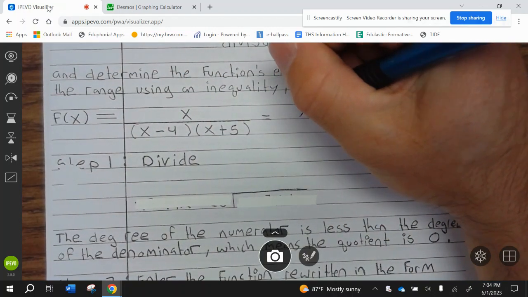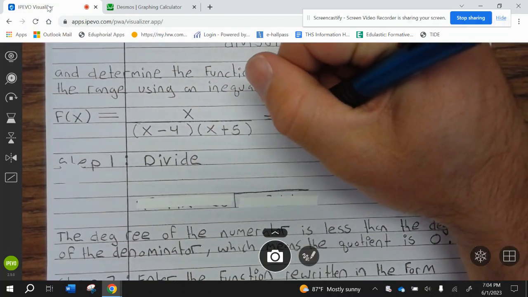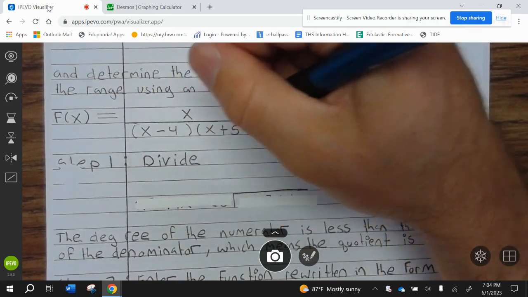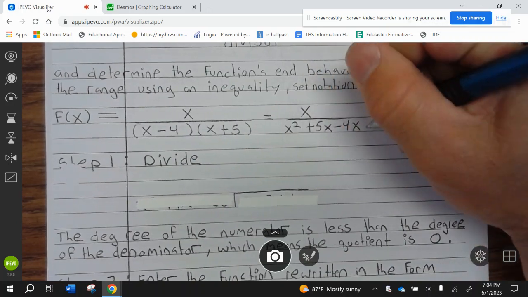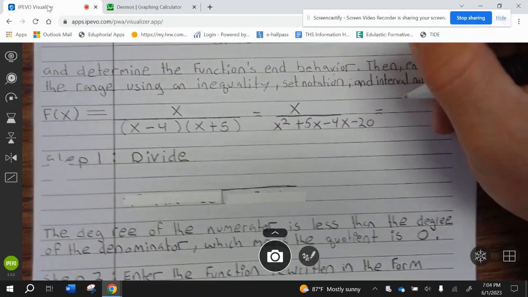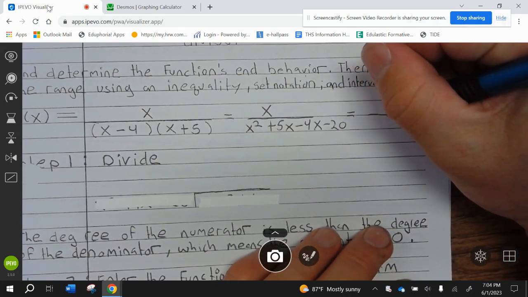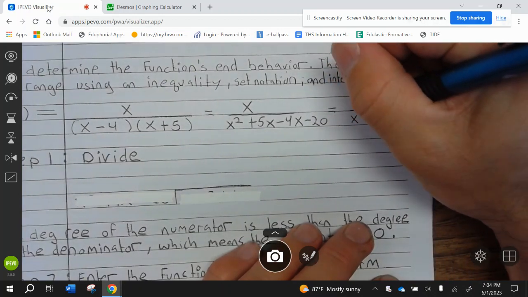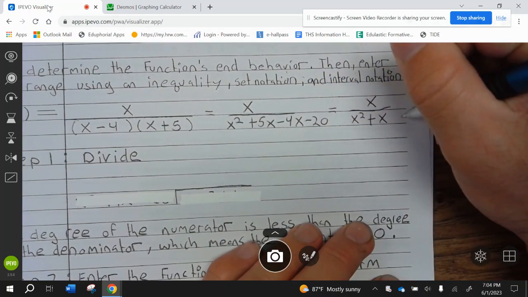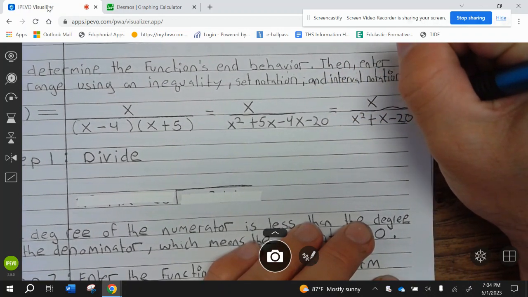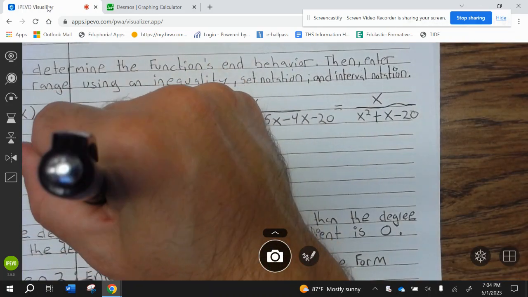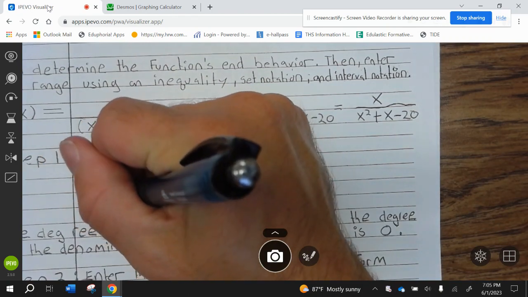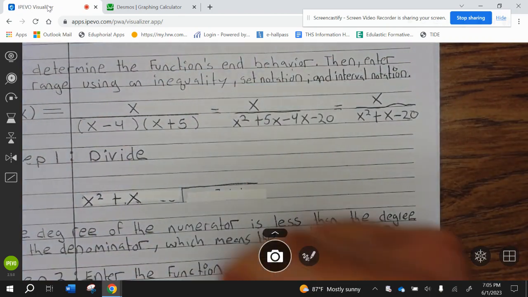So that's x times x, plus 5x minus 4x minus 20, which simplifies to be x squared plus x minus 20, which now becomes the divisor. So that's x squared plus x minus 20.